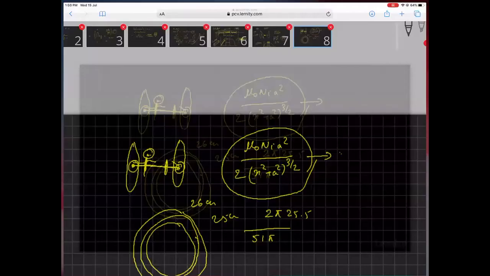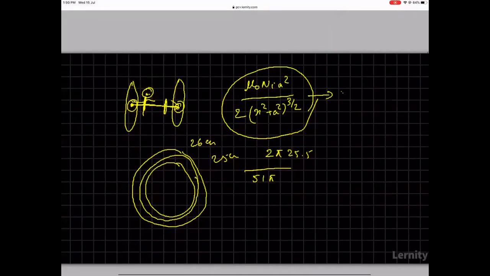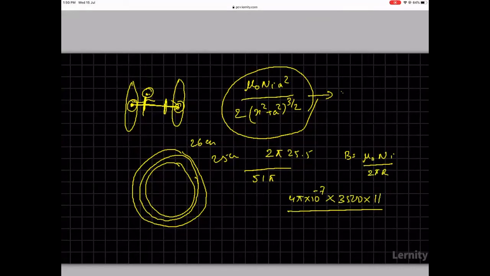The way I go ahead is that B is equal to mu naught n I by 2 pi r. So I just substitute: 4 pi into 10 power minus 7 into 3500 into 11 divided by 2 pi r. R is how much?